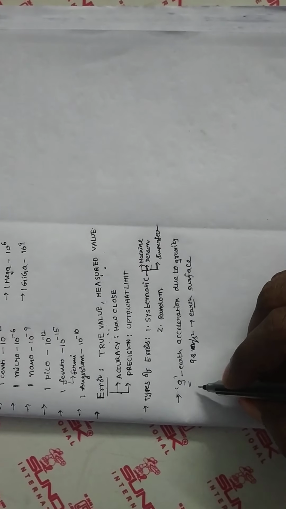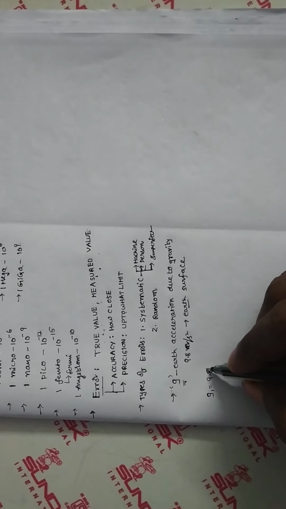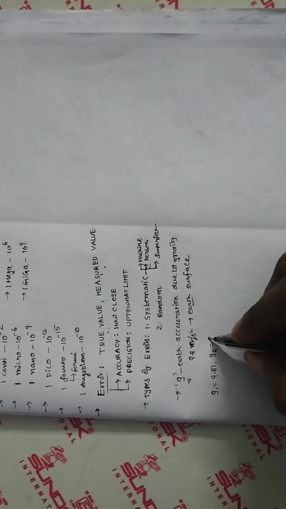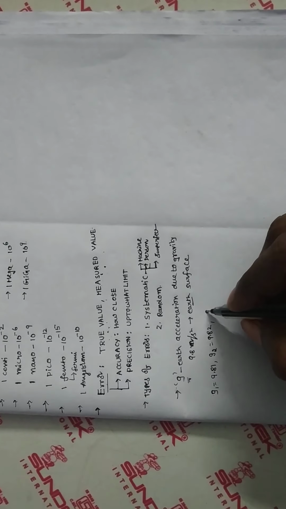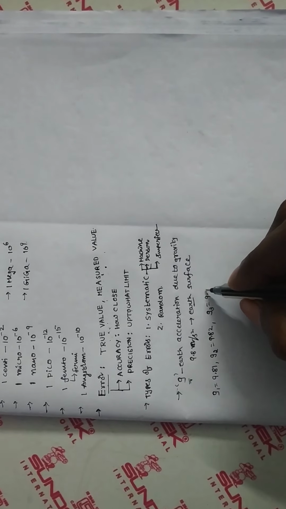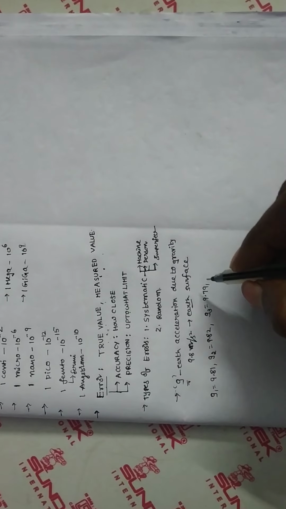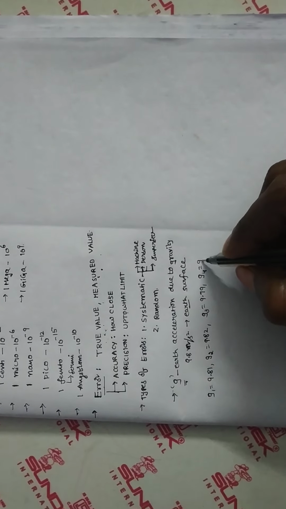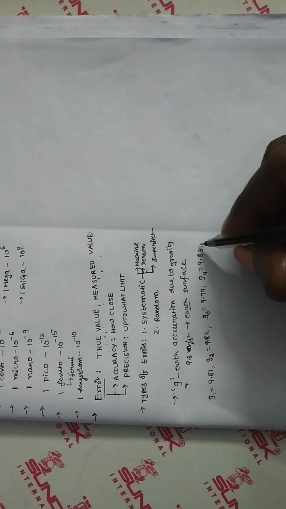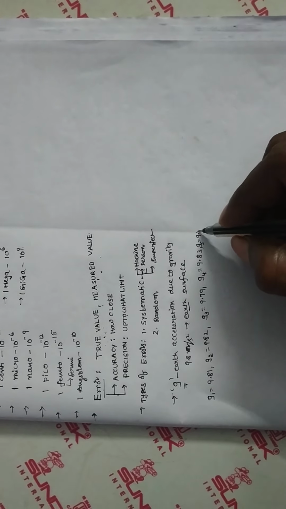Okay. So now I want to find out the value of g experimentally with the help of a simple pendulum experiment. So now I am getting values like G1 is noted as 9.81, G2 is 9.82, G3 is 9.79, G4 is 9.82, G5 is 9.8.